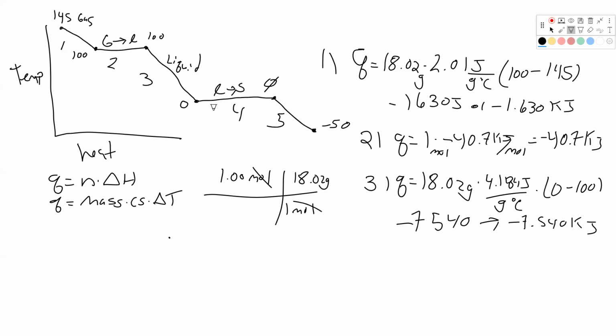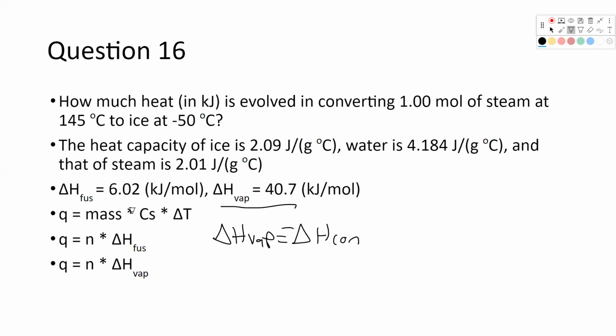So now our liquid is at 0 degrees, so it can start to turn to ice. So Q equals 1 mole, and now we need delta H crystallization. Here, I give you delta H fusion, but it's the same idea. Delta H fusion is equal to negative delta H crystallization.